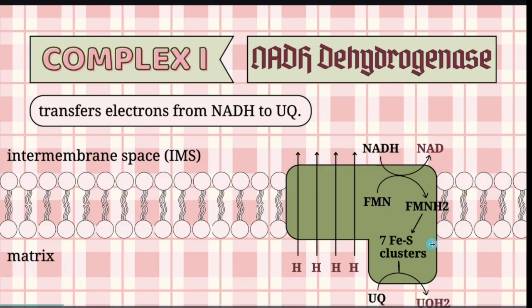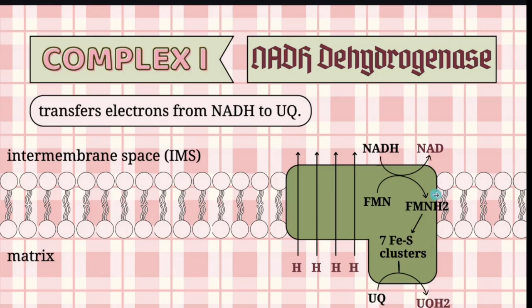Now, complex 1 has 7 iron sulfur clusters. 6 of the clusters each have 4 iron atoms and 4 sulfur atoms. And then one of the clusters has 2 iron atoms and 2 sulfur atoms.